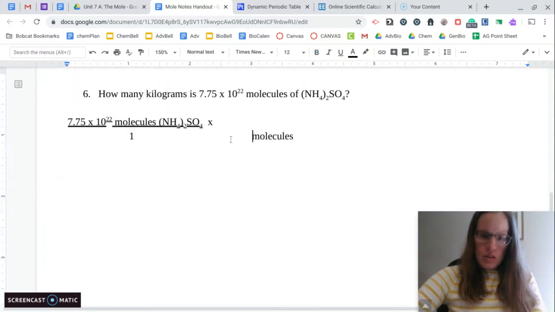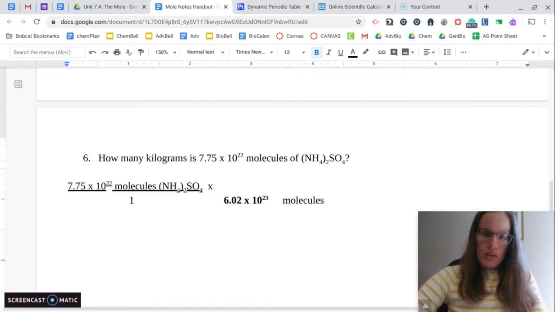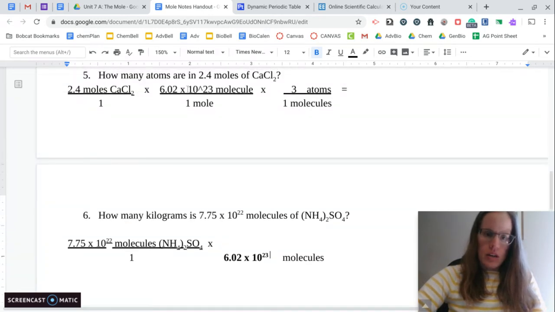It's just like the last one, except we're flipping it around. So we've got that number on the bottom instead of having it on the top like we did up there. So that means if I flip it, now I've got my mole on top.